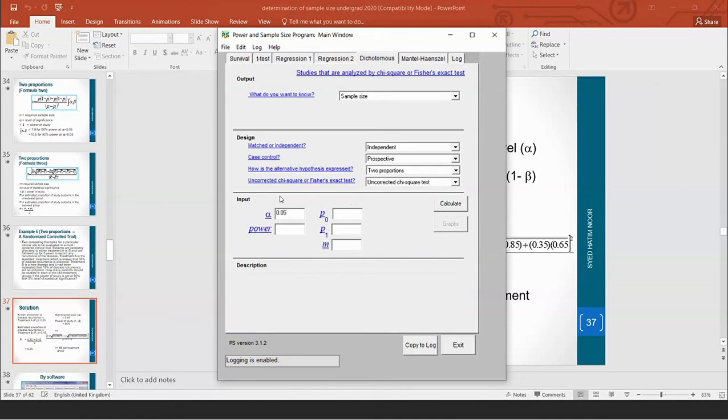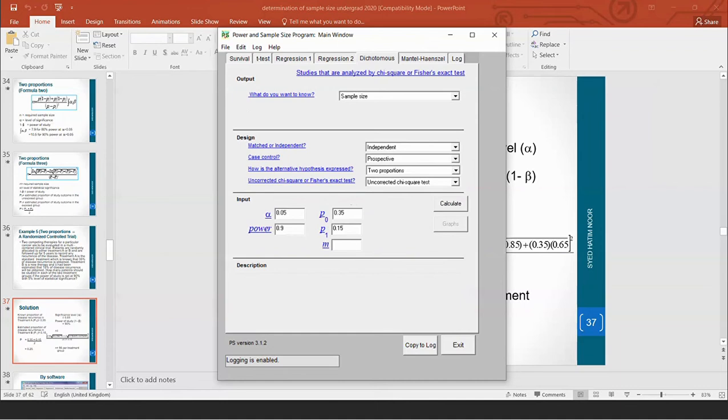Alpha 5% just now, power 90%. P0 equals P2 just now, the proportion of disease recurrence in treatment A, that will be 35%. P1 is the estimated proportion of disease recurrence in treatment B, the new treatment, we estimate as 15%.